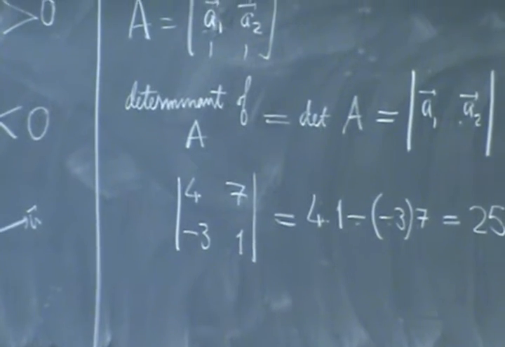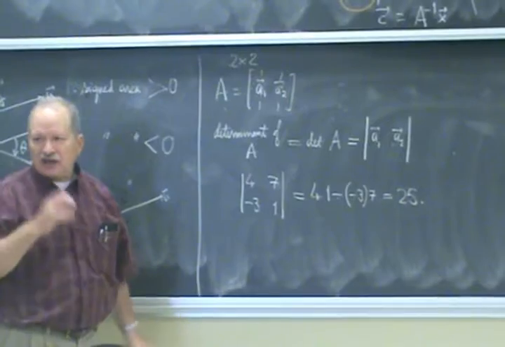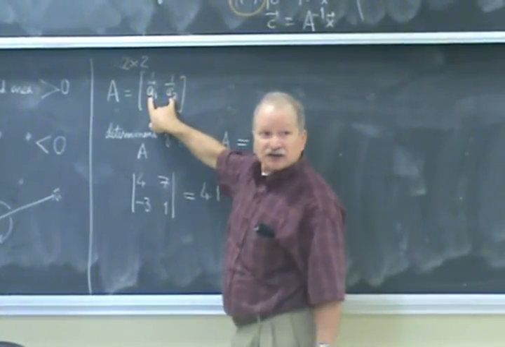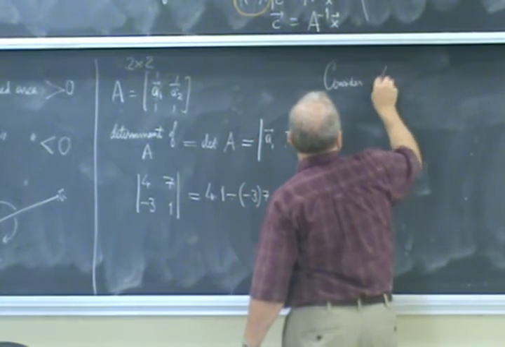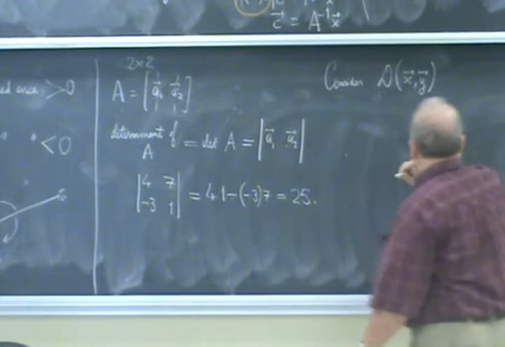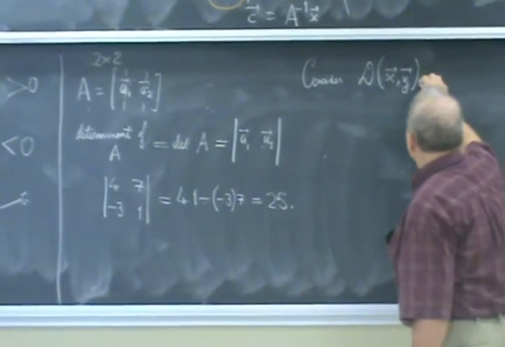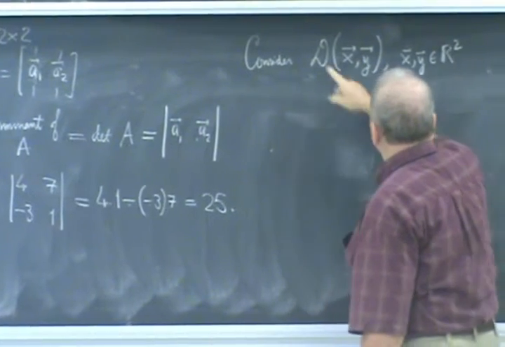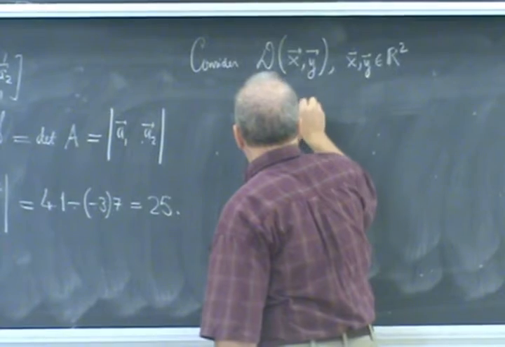So if I think of this thing algebraically or geometrically, I can think about properties of this as a function of a pair of vectors. So I can consider a function of, say, two vectors x and y, which I'll call script d for today and Friday as well, where x and y here are in R2, where the formula for this is what we've just been doing.